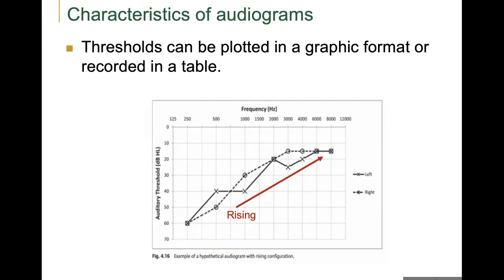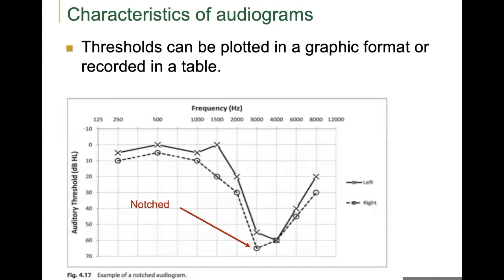So if you're in your clinic or in your rotation, you're seeing some signs, you see some tympanometry results that might indicate like a type C, you see some things that make you think, there could be some middle ear stuff going on. And then you see low frequency hearing loss. Oh yeah, they got some middle ear stuff going on. But a rising pattern is something you might see.